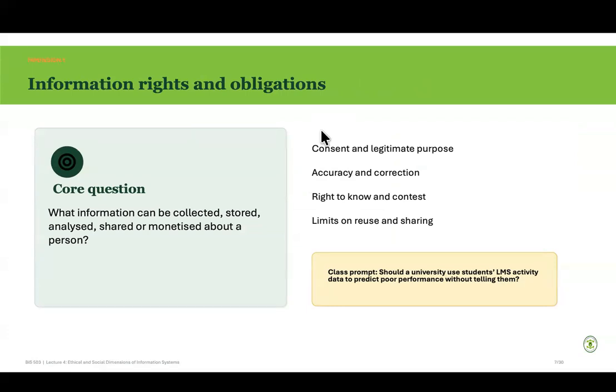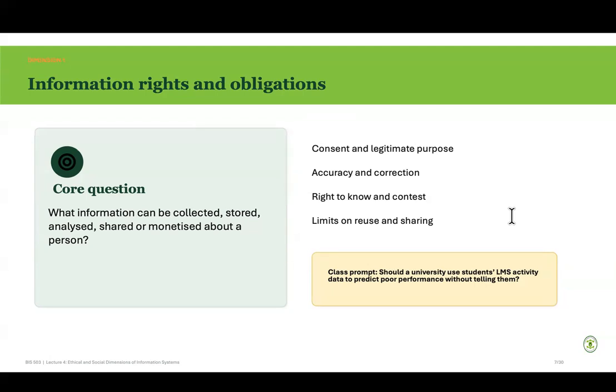With regards to information rights and obligations, the central question here is pretty straightforward. What information can an organization legitimately collect, store, analyze, share, or sell about a person? That's what we basically mean by monetization. The fact that someone uses a system does not automatically mean that every form of data collection is acceptable.